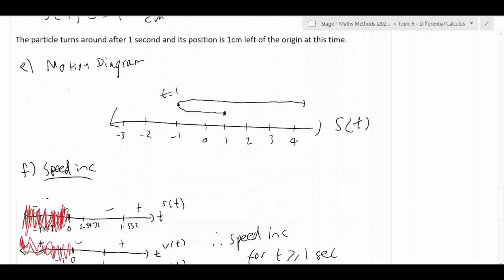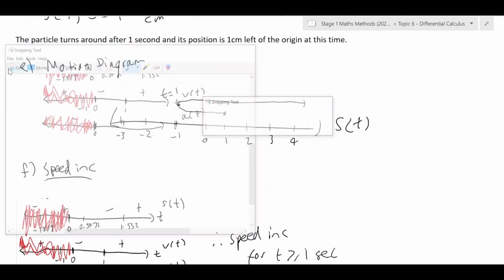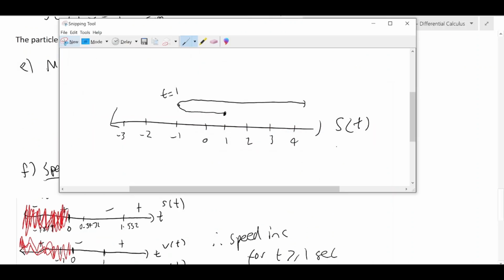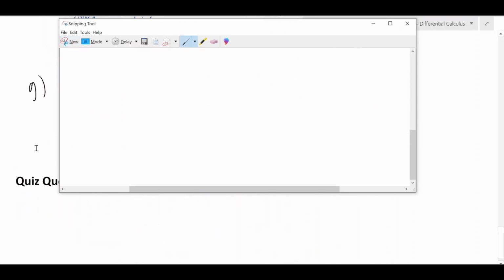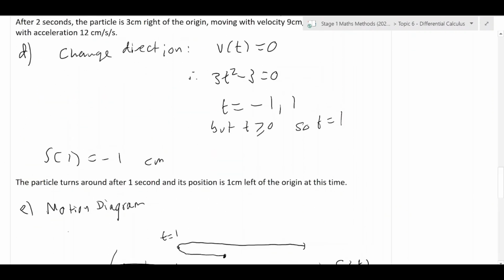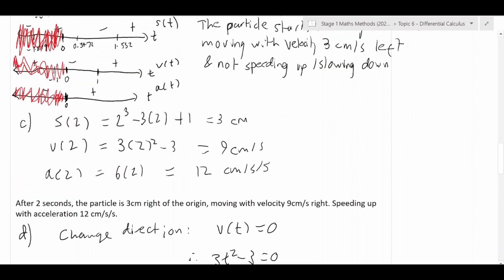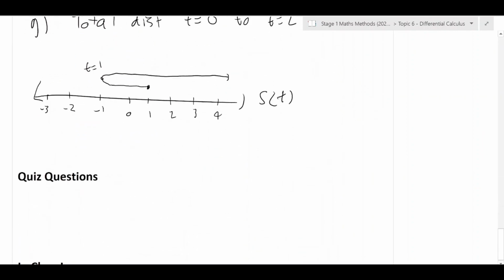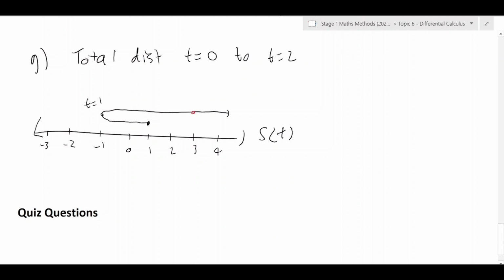What I'll do is I'll actually use the motion diagram again to help. And this sort of looks like your graph. So we know that at t equals 2, the particle's at 3 centimeters. So I'm just going to label this bit with t equals 2 here.